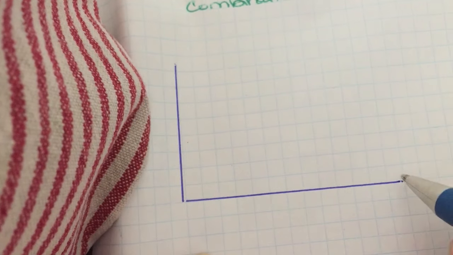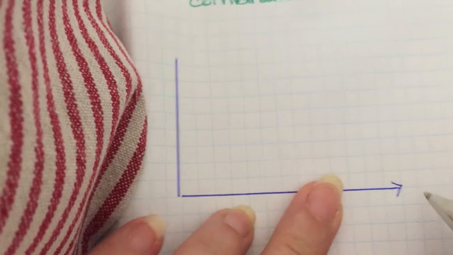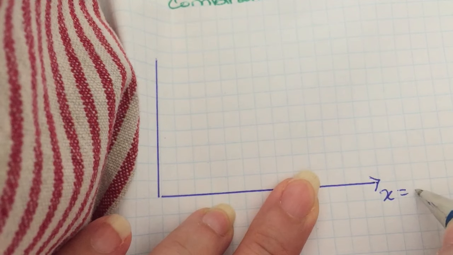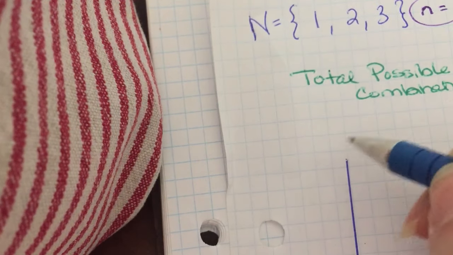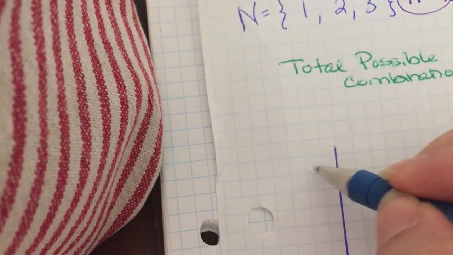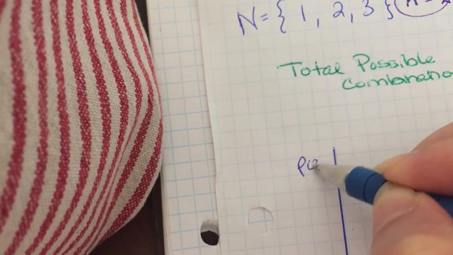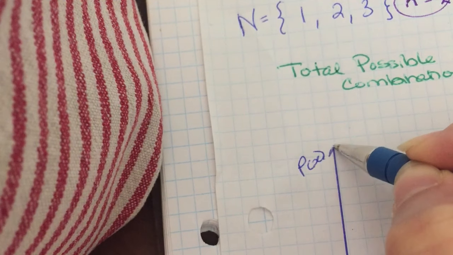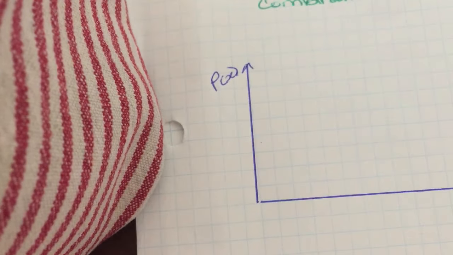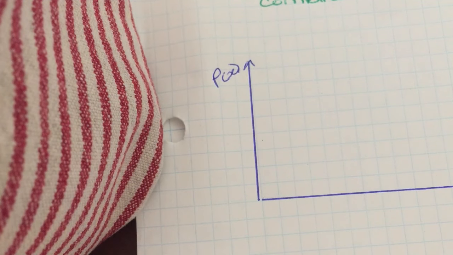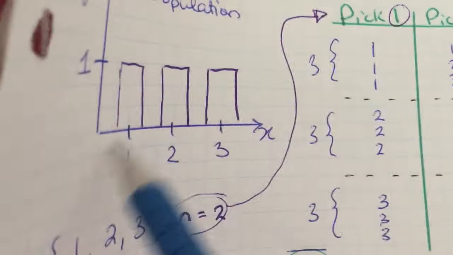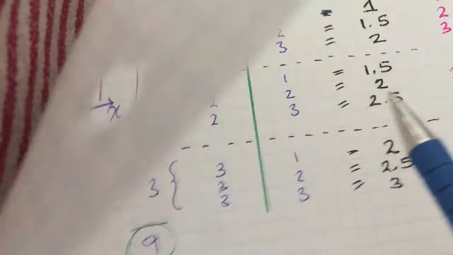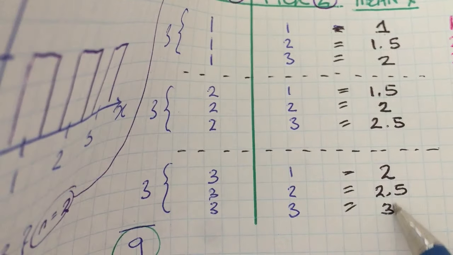Okay, label properly. So this x here is actually going to equal the x bar because it's a sampling distribution. And this is going to be the probability function. Now, what I'm going to do from here is put in all the details that are here.